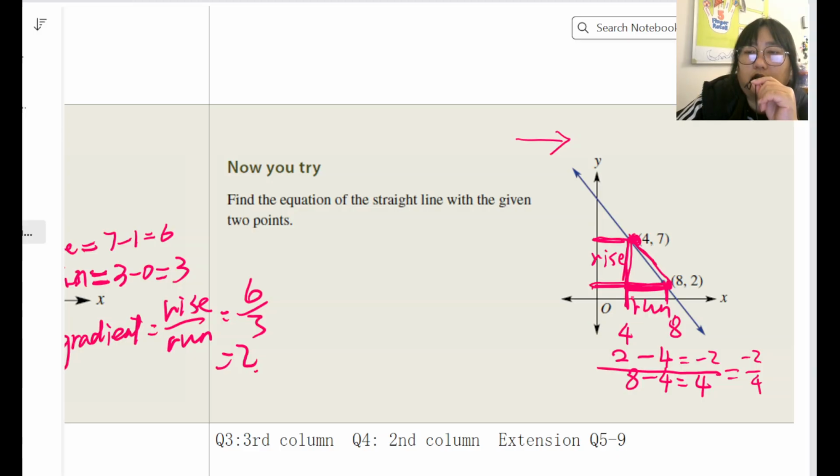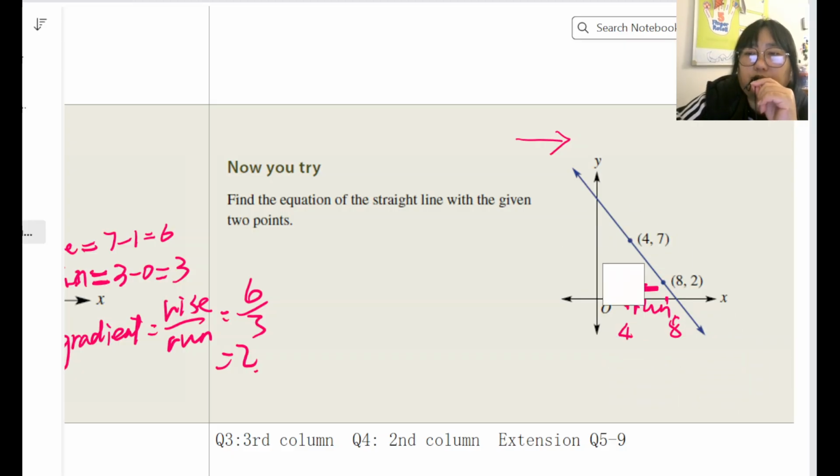Oh, sorry, I think I got this value wrong. I did not label that clearly, sorry, my bad. So this point is 4 and this point is 8, and this point is 7 and this point is 2.